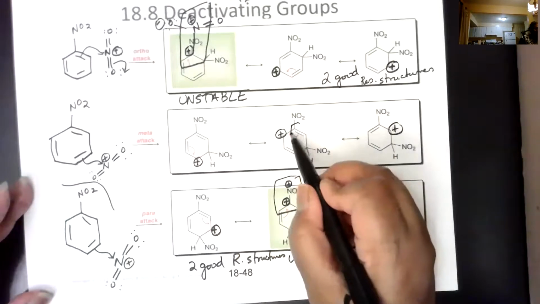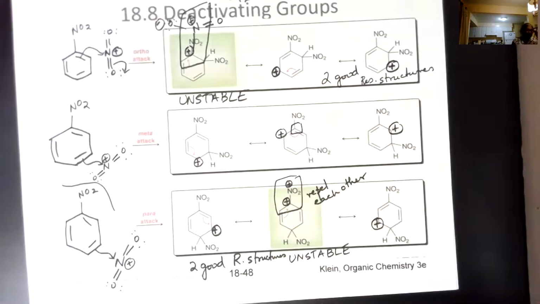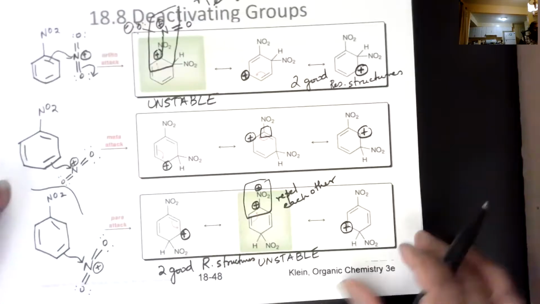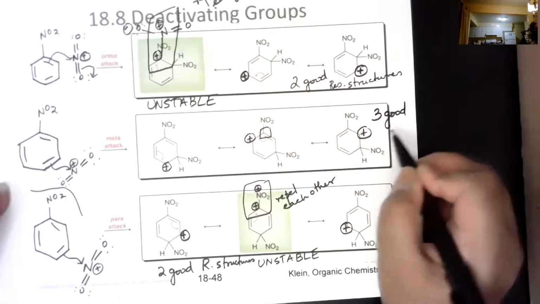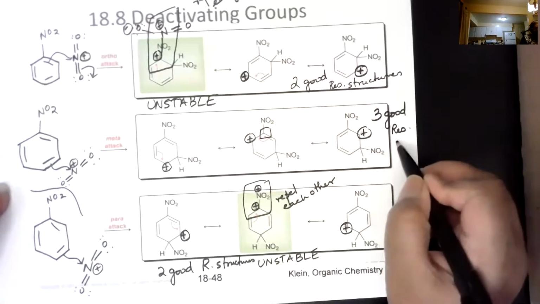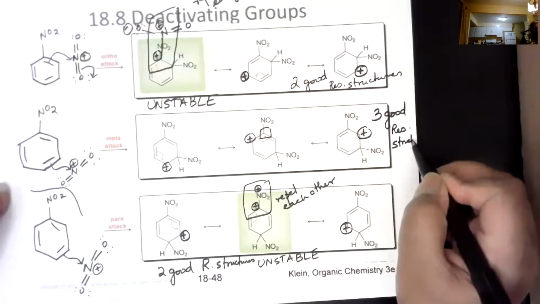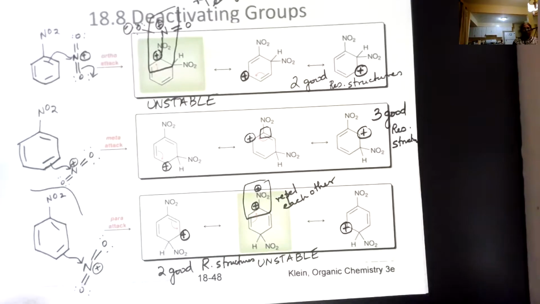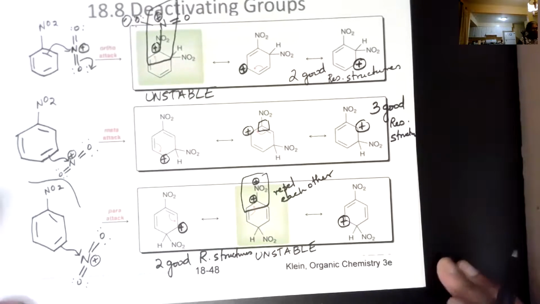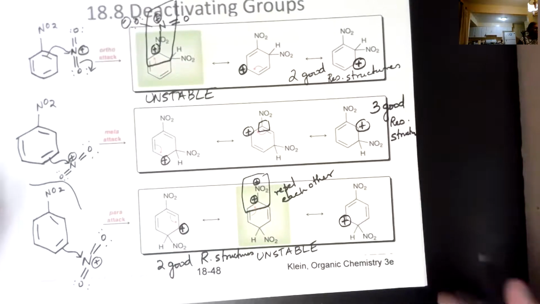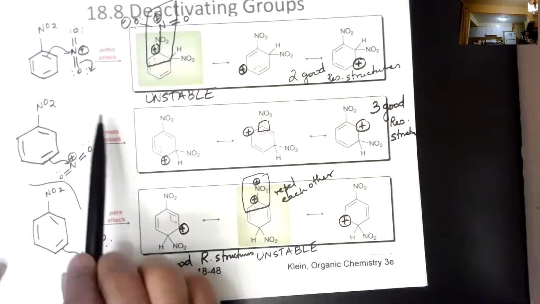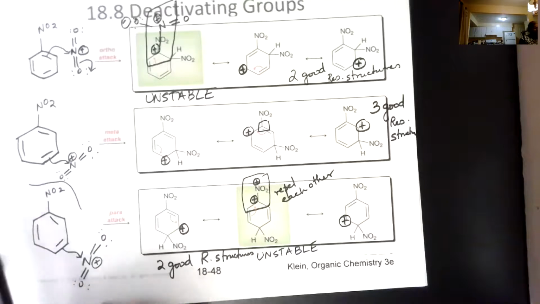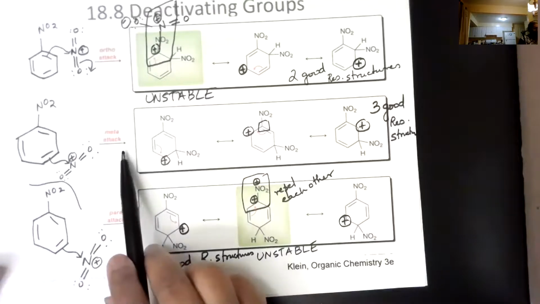Now this spot is avoided. So all in all, you have three good resonance structures. Three good resonance structures. So which one do you think will be preferred? This will prefer sending in any electrophile to the meta position.